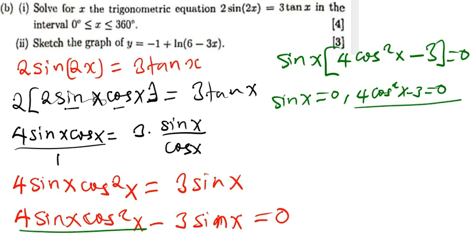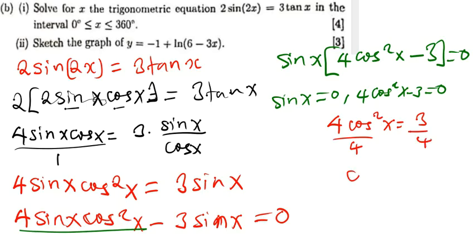Let's now simplify this part. So we have 4 cos squared x is equal to, this is negative, it goes there positive, divided by 4 divided by 4. So we have cos squared x is equal to 3 over 4.